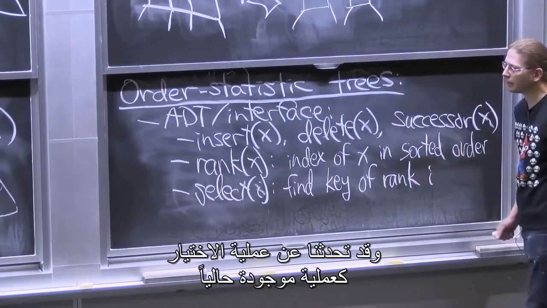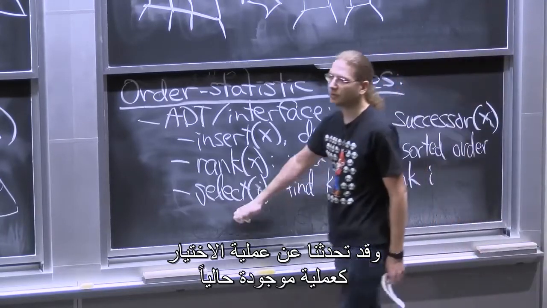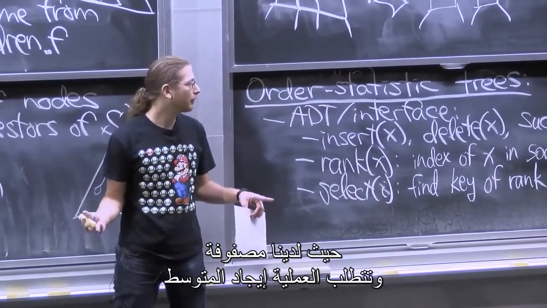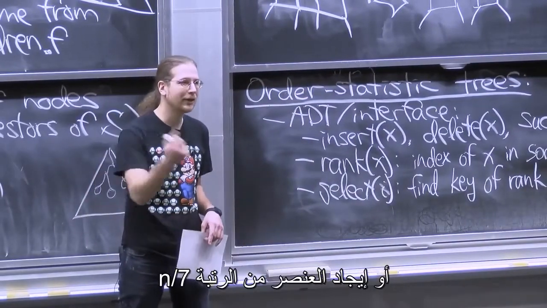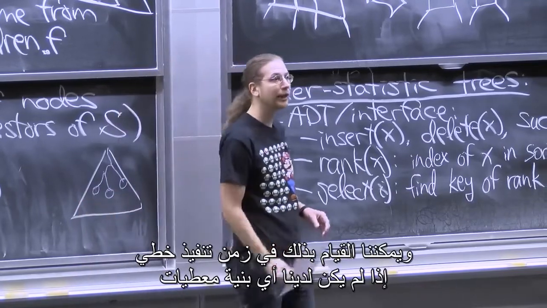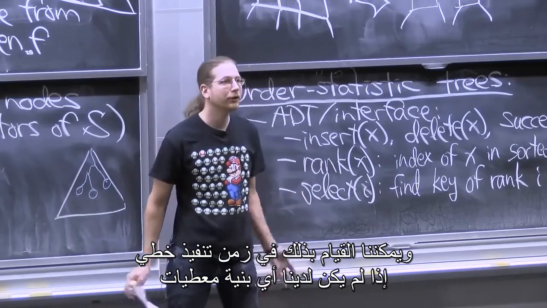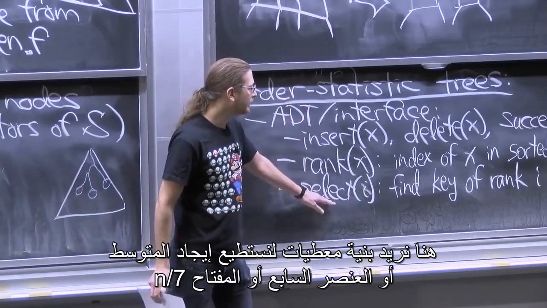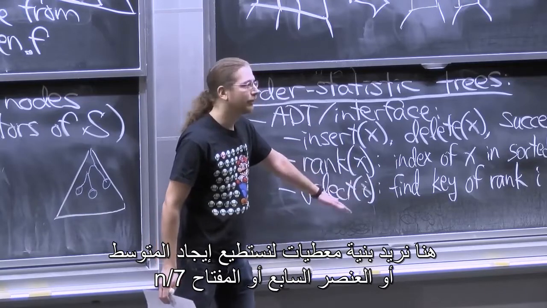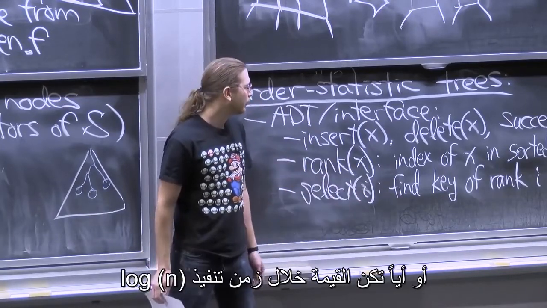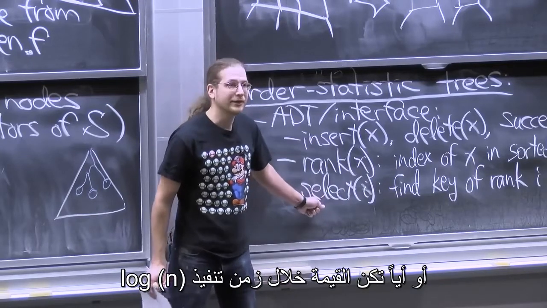Okay, we've talked about select as an offline operation. Given an array, find me the median or find me the n over 7th rank item. And we can do that in linear time, given no data structure. Here we want a data structure so that we can find the median or the 7th item or the n over 7th key, whatever, in log n time.